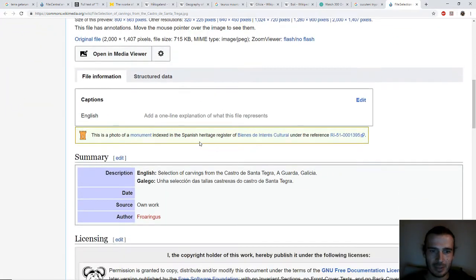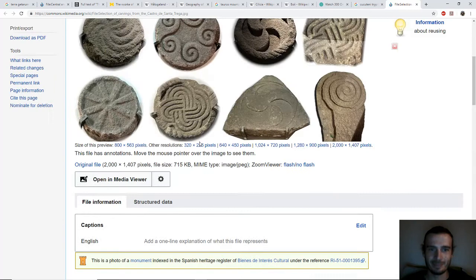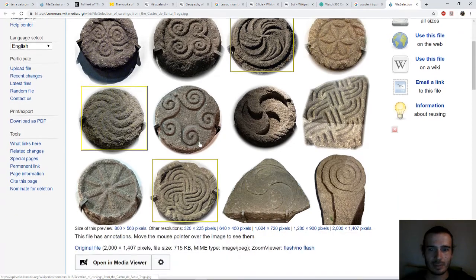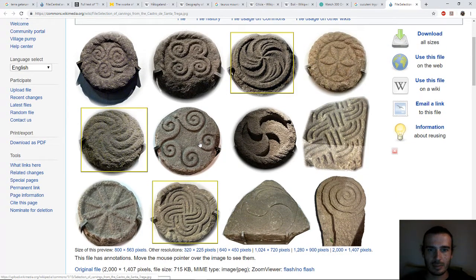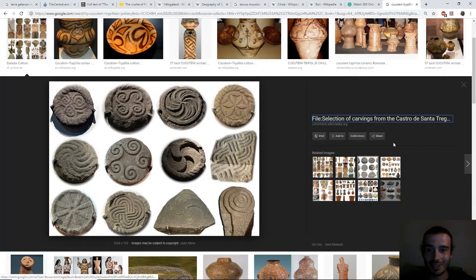I have no idea what this is. Galicia. Hmm. So that's close to where Spain is at. That's fascinating. So the same pictures I was showing you in part two are now in color.